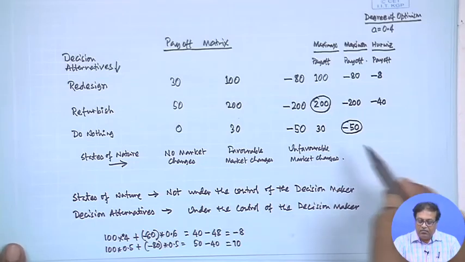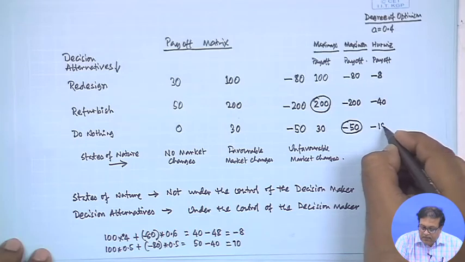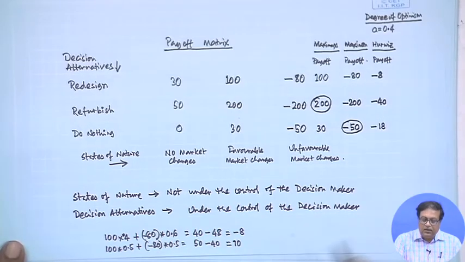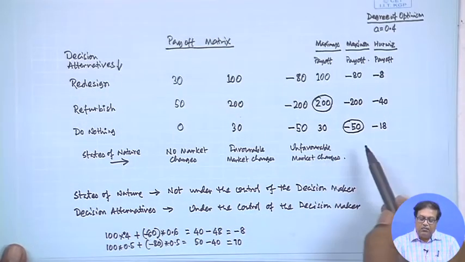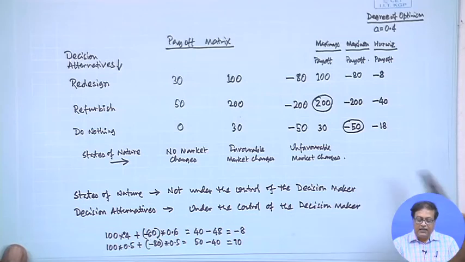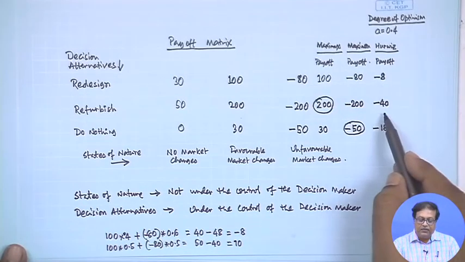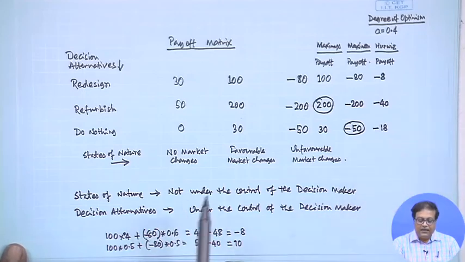So 12 minus 30 comes to minus 18. So these are the Hurwicz payoffs we have got: minus 8, minus 40 and minus 18.